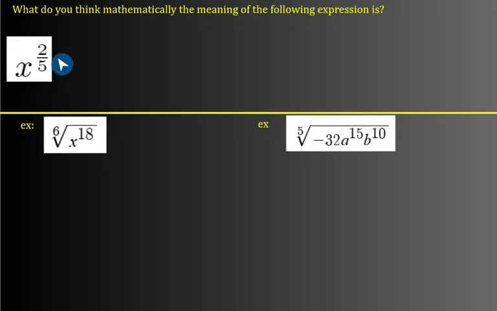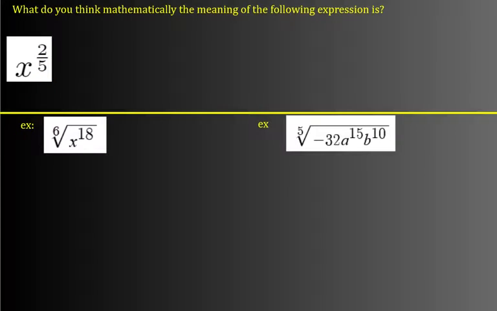All right, so with that in mind, we can finally talk about stuff like this. This is a perfectly okay thing in math. Basically what you want to do is look at powers as two different kinds of functions. This is really like a composition of functions. You have a power function, a polynomial kind of thing, and then you have a 1/5 in there, which is going to be like a root function.